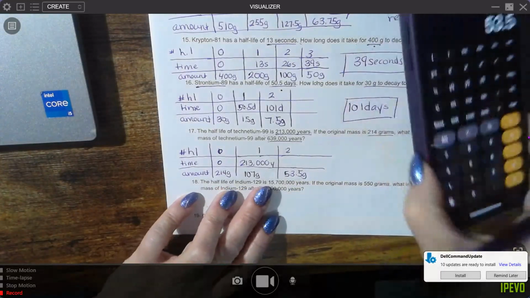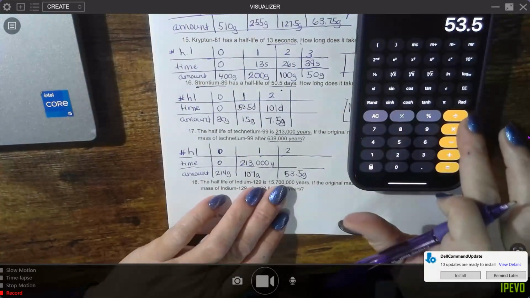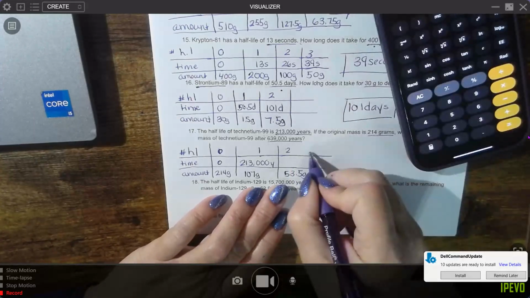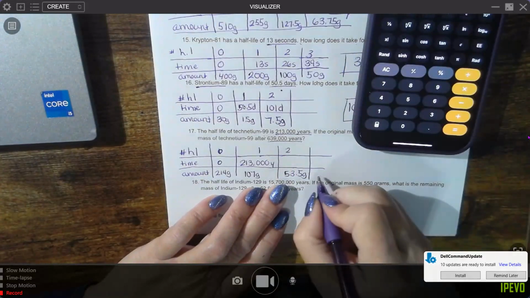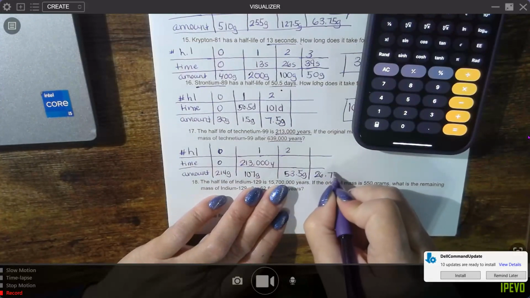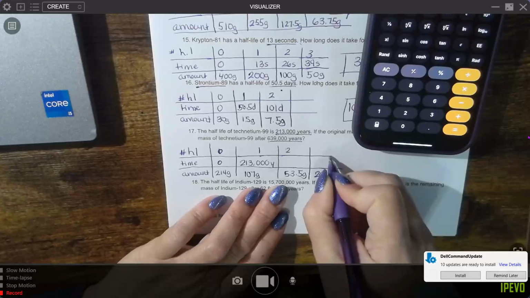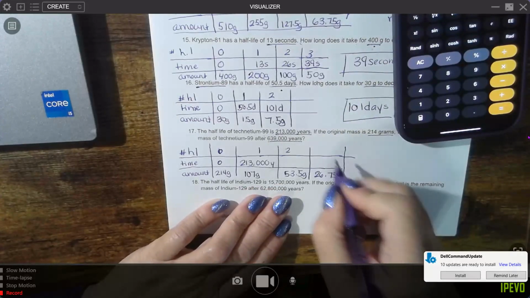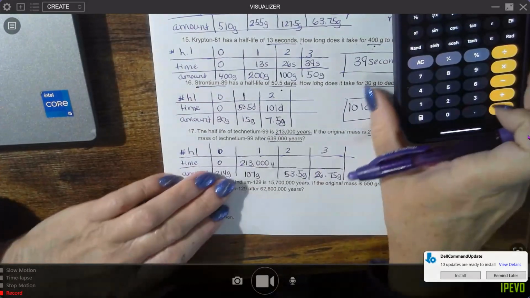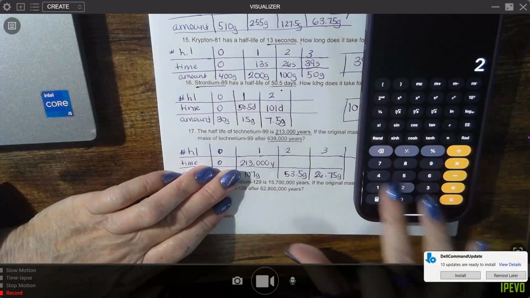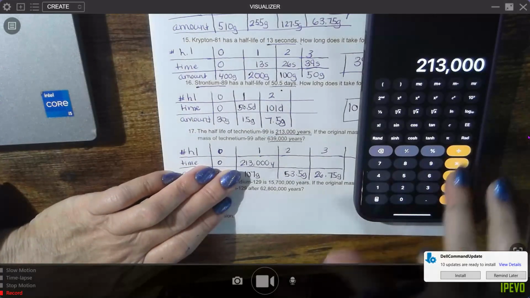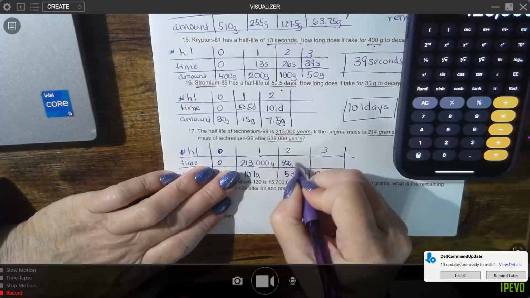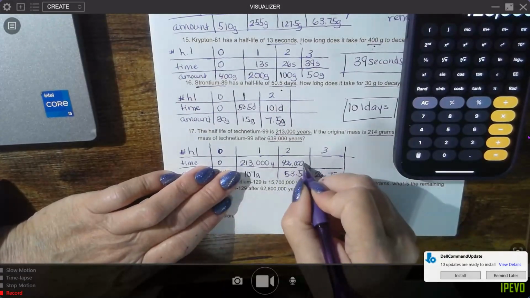I'm not sure how many half-lives I'm going to need, but I'm going to divide by 2 one more time. So if I go to my third half-life, I would have 26.75 grams left. Let's see if that gets us where we need to be. So that would be after 3 half-lives. 2 half-lives would be 213 times 2, which is 426,000 years.